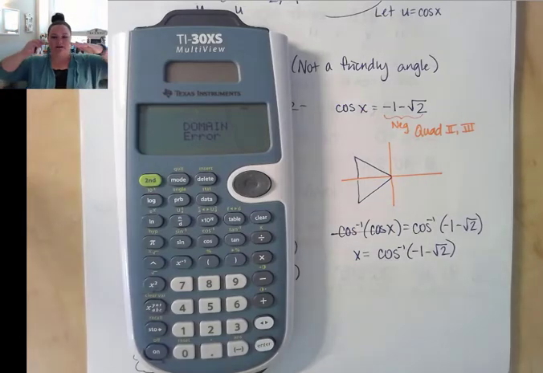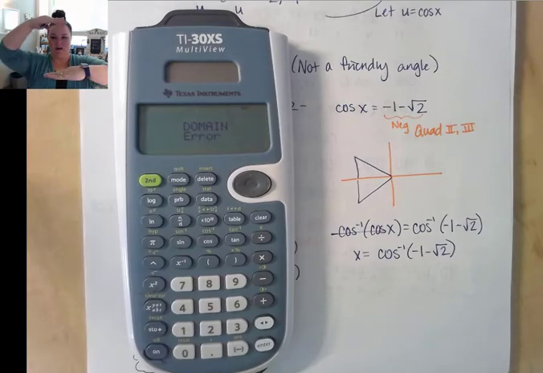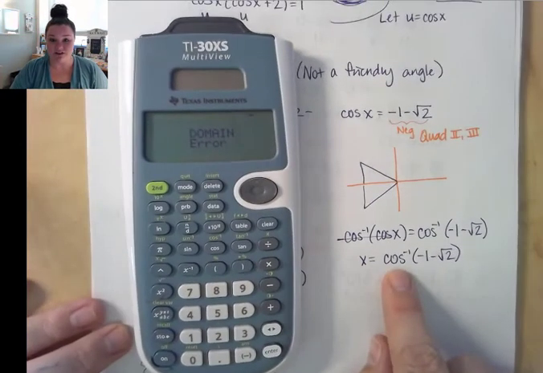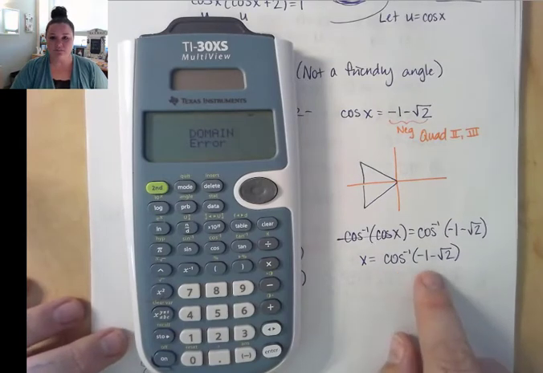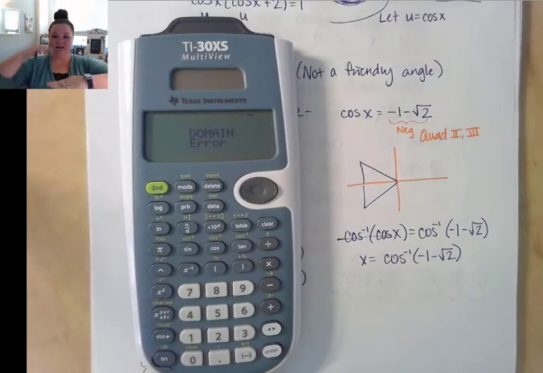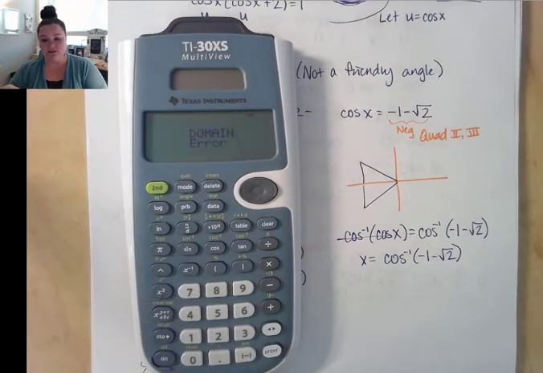So let's go back and think about it. Remember, good old cosine was a cosine curve like this, and it's between -1 and 1. So when we talk about the cosine inverse function, those numbers have to fall between -1 and 1. That's what I'm allowed to plug into my inverse function.